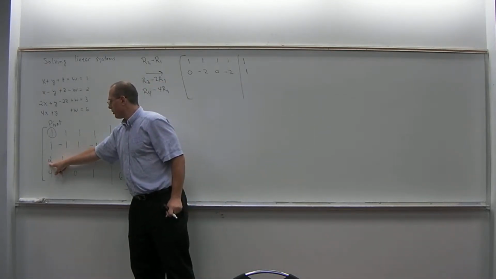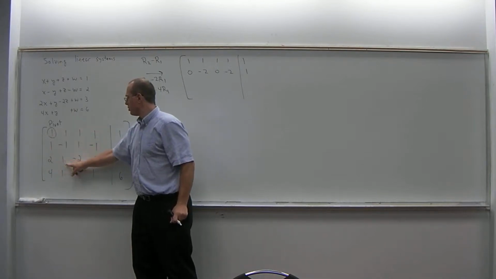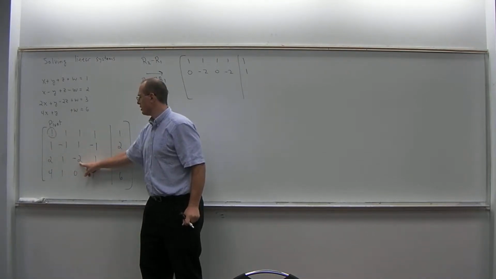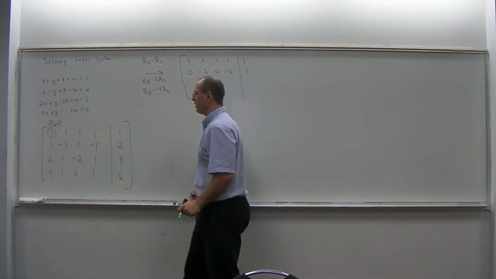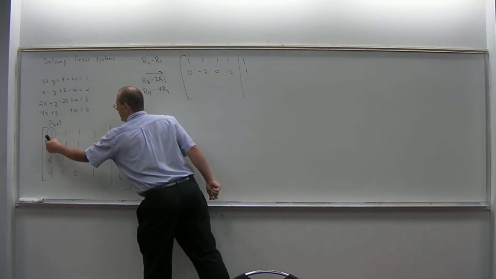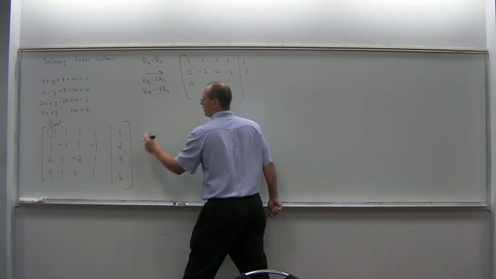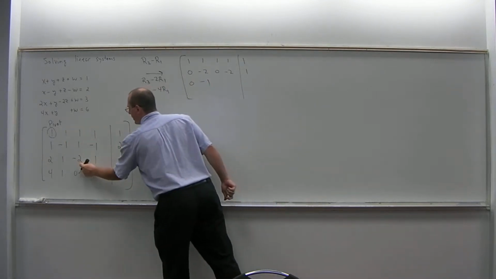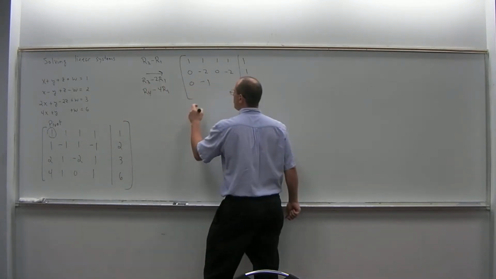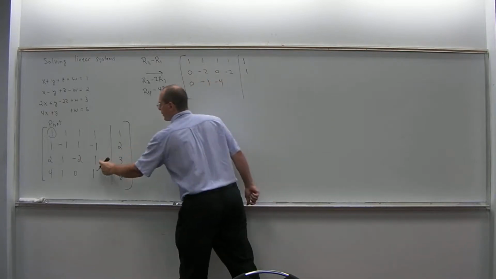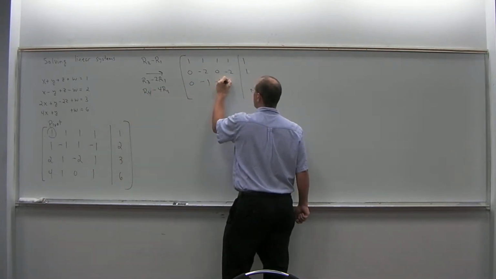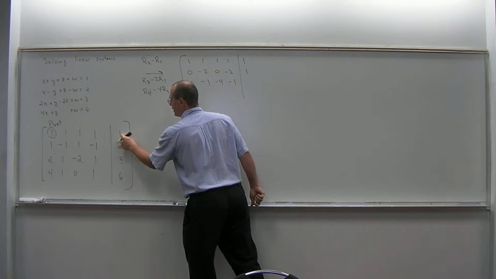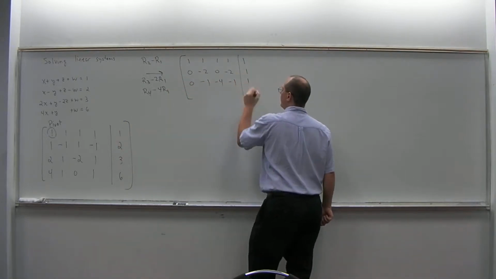So 2 minus 2, 0. 1 minus 2, negative 1. Negative 2 minus 2, negative 4. 1 minus 2, negative 1. 3 minus 2, 1.